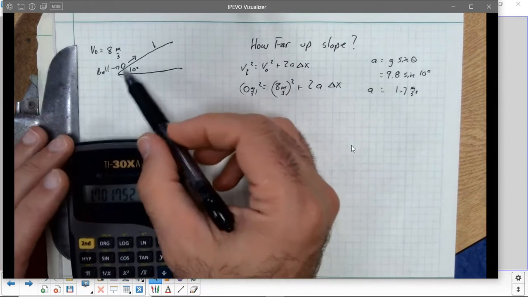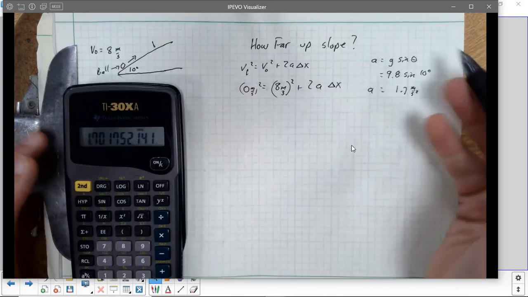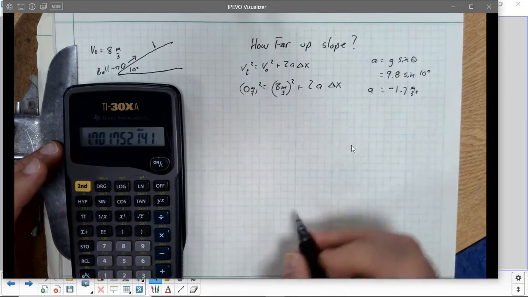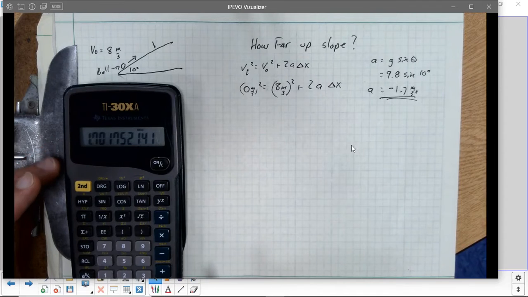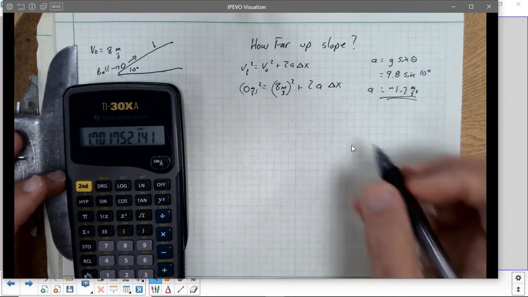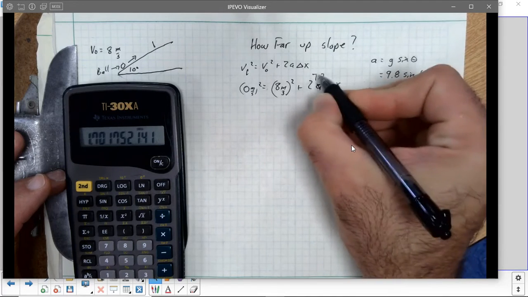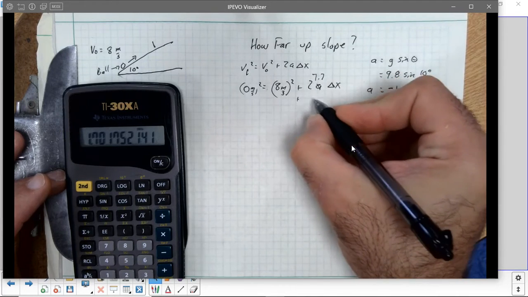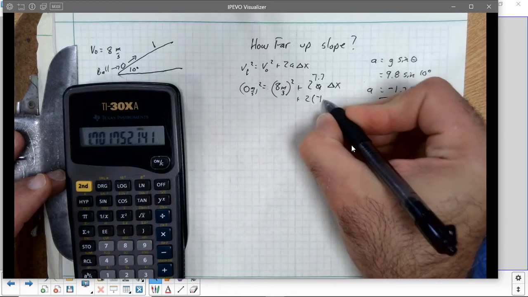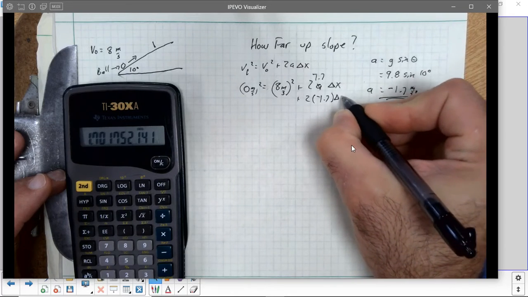And in this case, the gravity is slowing us down, so it's going to be a negative number. The acceleration is negative 1.7 meters per second squared. So I'm going to put that in here for A, 1.7. Plus 2 times negative 1.7 times delta X.